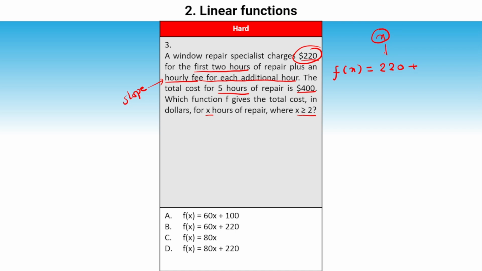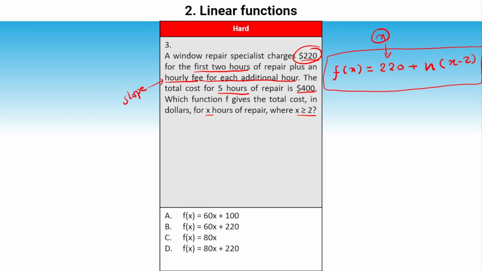For 2 hours this amount is already taken, so the remaining number of hours will be x minus 2, and let's say the additional hourly fee for each additional hour is n. So this is our equation. We have to find the value of n here.